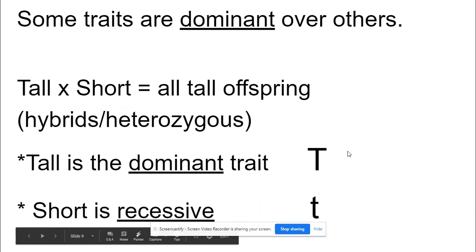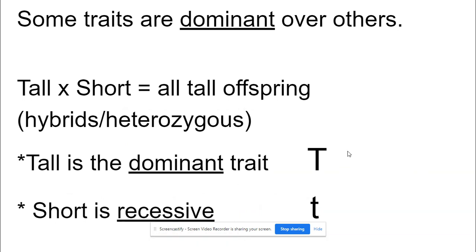So Mendel started to come to some conclusion that some traits are dominant over other traits. So, for example, tall and short, all tall offspring were a result of that heterozygous. They were all tall. So he started to come up with some theories here, and he said that tall is the dominant trait and short is the recessive trait.